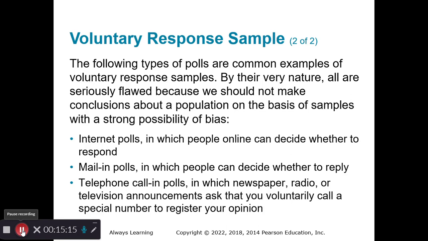So now that we've said that voluntary response samples are usually skewed and don't necessarily reflect the entire population from which those respondents came from, it's true that they're very, very common.